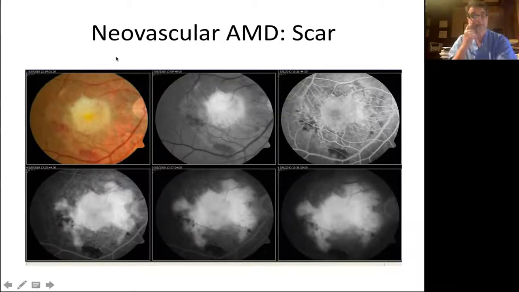So back on to neovascular AMD. This is a patient who has very advanced disciform scarring. It's a right eye, it's the optic nerve, central fibrosis, surrounding atrophy and hemorrhage. We can see very severe staining on the fluorescein angiogram.